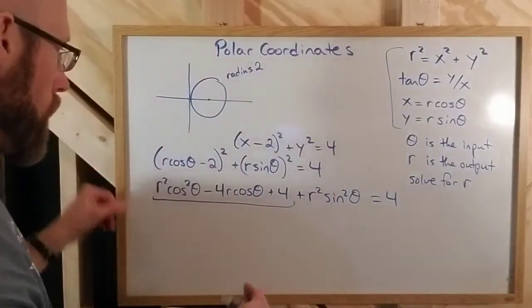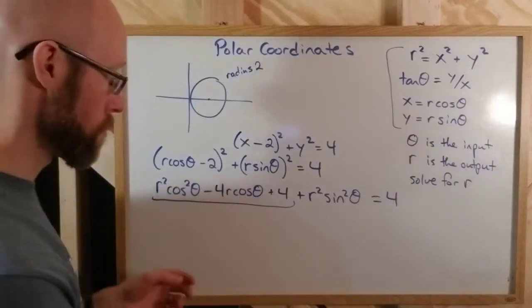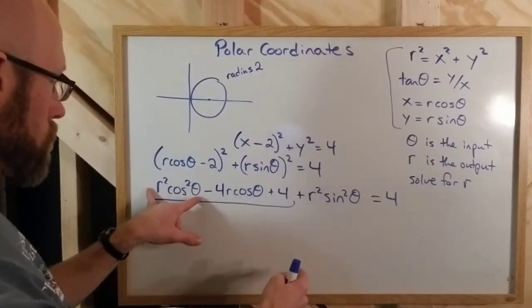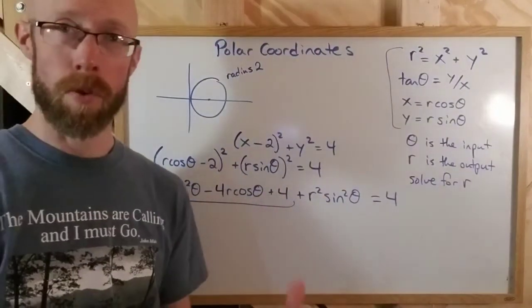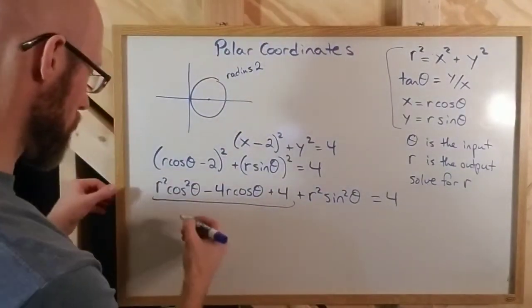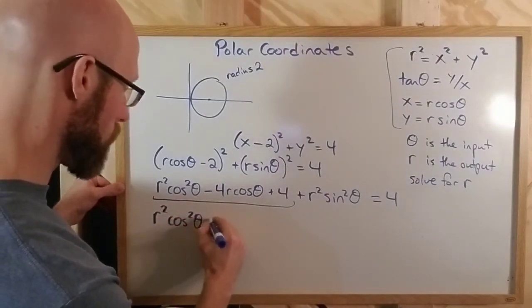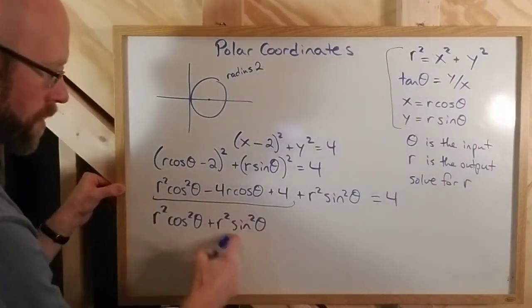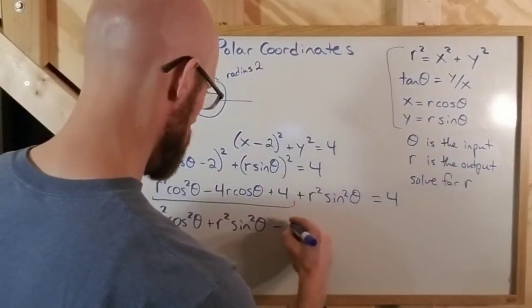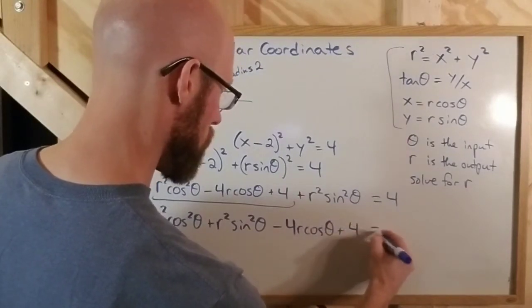Okay, then I look at these and I group things together by term. Like r squared cos squared theta and r squared sine squared theta. Well, they both have r squared, so let's put those together. So I get r squared cos squared theta plus r squared sine squared theta. Then I have the other two terms, which are minus 4r cos theta plus 4 equals 4.